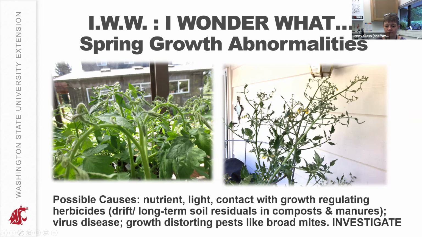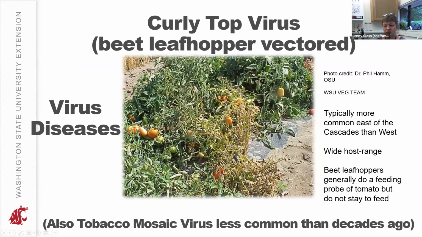That being said, there is one disease that we do worry about in the state because of things like yellowing and curling. It's the beet curly top virus, and very problematic east of the Cascade Mountains, for those of you listening from there. For those of us west of the Cascades, it does happen occasionally, but it's not that common.